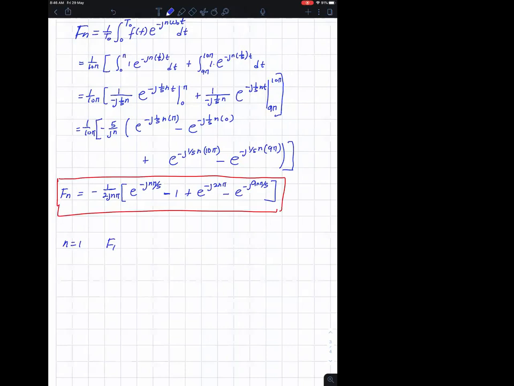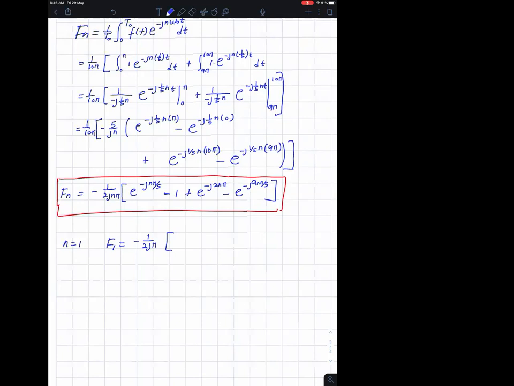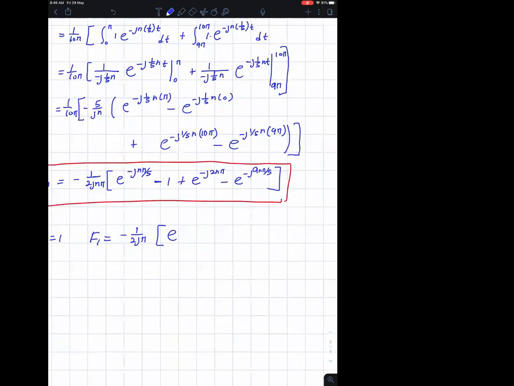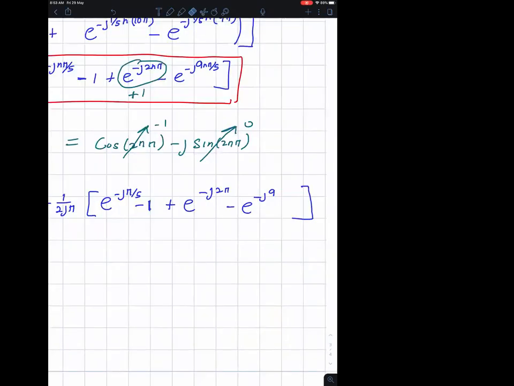And F1 is, you just replace wherever there's n with 1, minus 1 over 2j pi. N is 1. 9 pi over 5. You can just leave it like this.